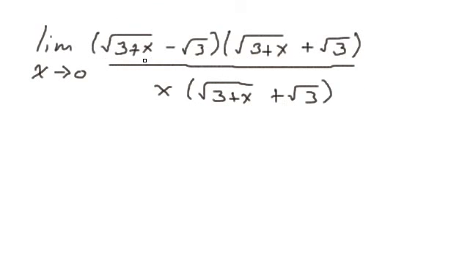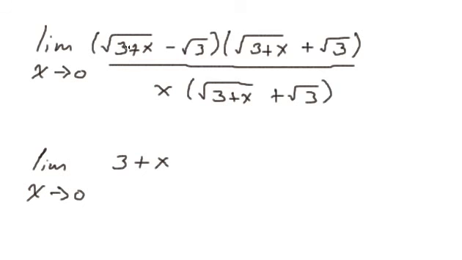Okay, so we want to multiply this stuff out up here. The square root of 3 plus x times the square root of 3 plus x is just 3 plus x. If I were to multiply the first term and the last term, you would get the square root of 3 times the square root of 3 plus x. But then if I multiply negative square root of 3 times the square root of 3 plus x, those are just going to cancel out because one's positive, one's negative.